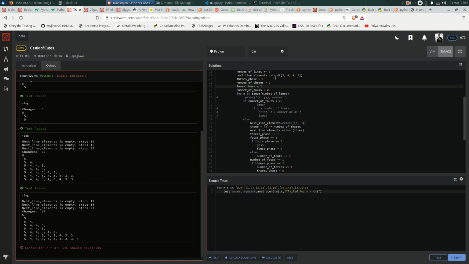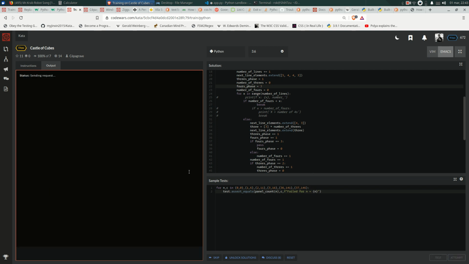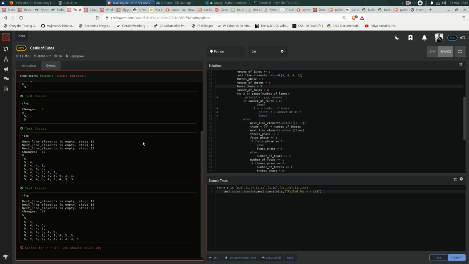It really does not make a difference, I guess. Yeah, it should start at 3. Oh, here we have 5, 5, 4. 4, 3, yeah, that's right. 4, 3, and then it's 4, 3, 3.